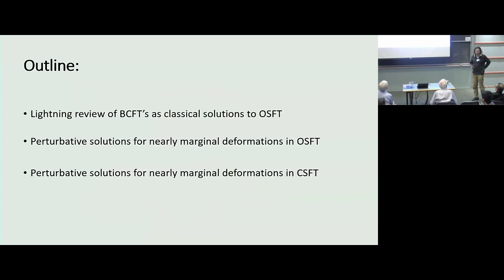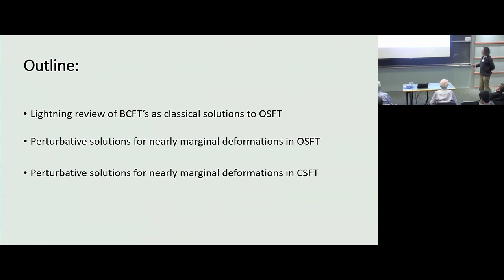So this is the brief outline of this talk, roughly divided in 3 thirds. In the first part, I will tell you about how classical solutions in open string field theory correspond to consistent boundary conformal field theories, and what we can learn about possibly new boundary conformal field theories.